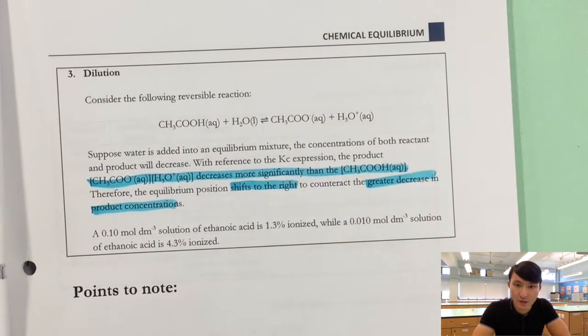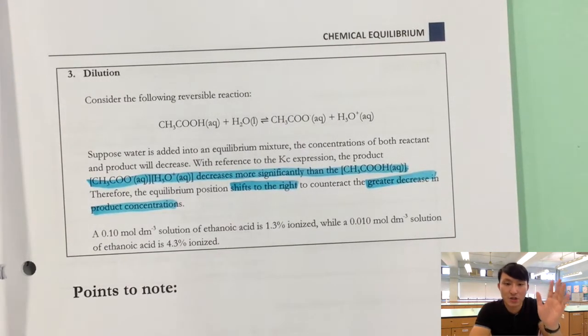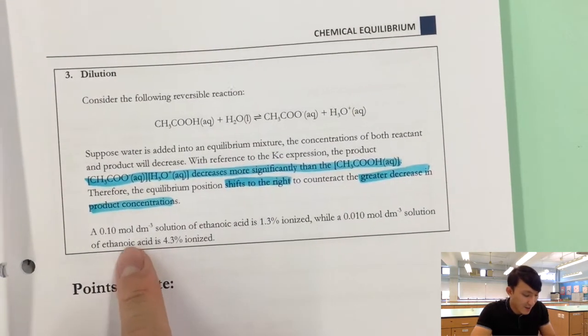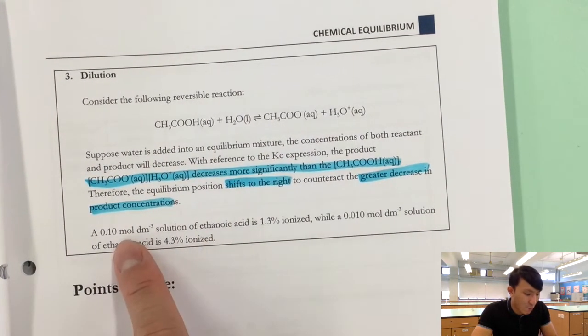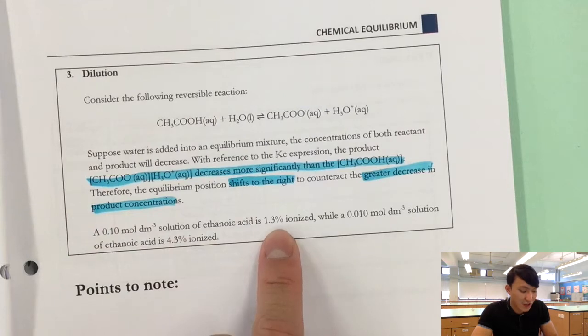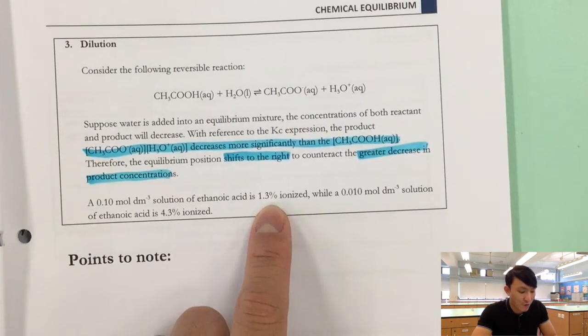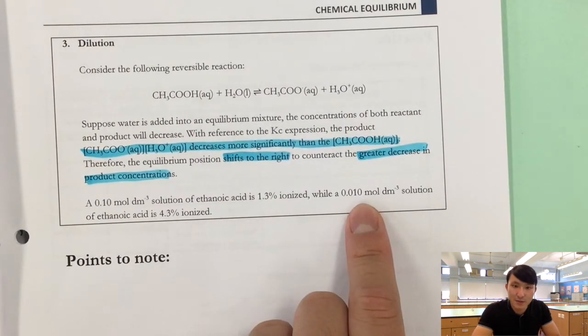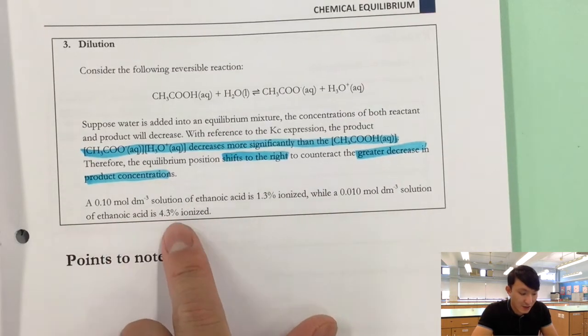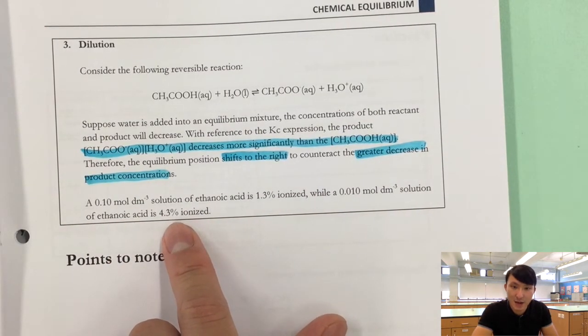This is another way to deduce whether the equilibrium position shifts to the left or to the right. Okay. And you see here, for ethanoic acid, 0.1 mole per dm cube, the percentage ionization is 1.3, but for 10 times diluted ethanoic acid, actually more percentage of it can be ionized.